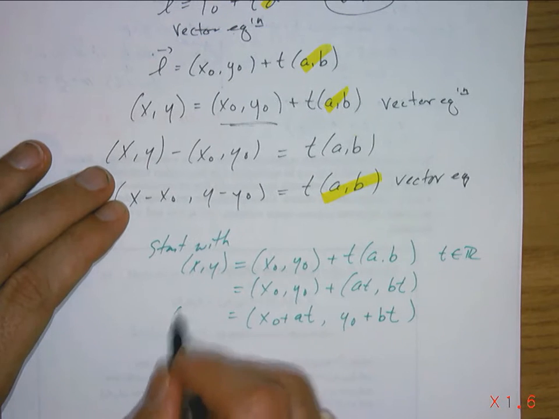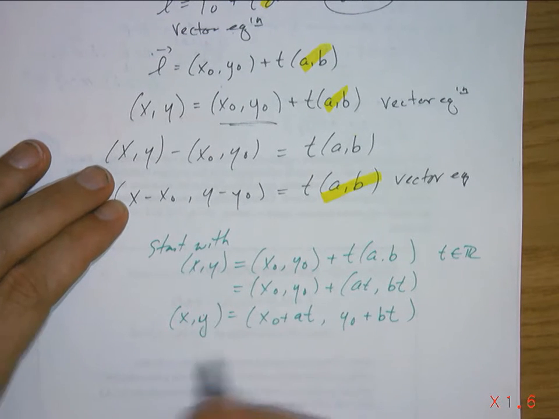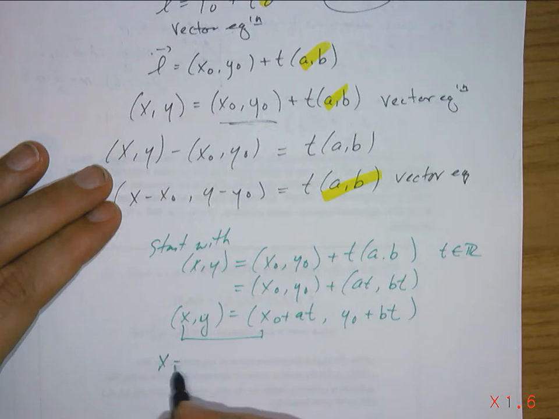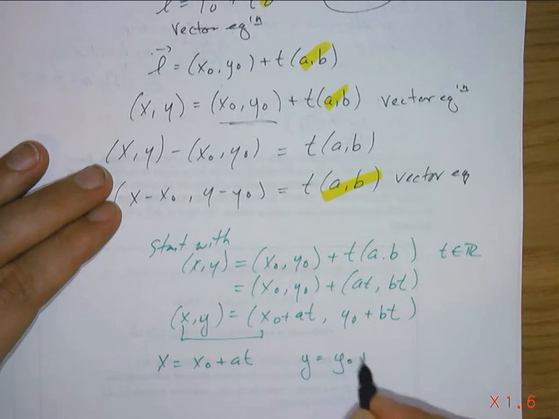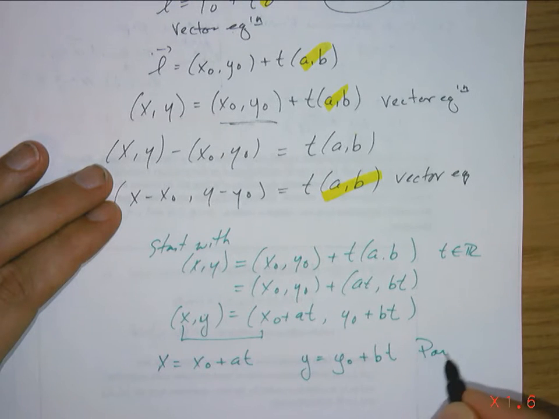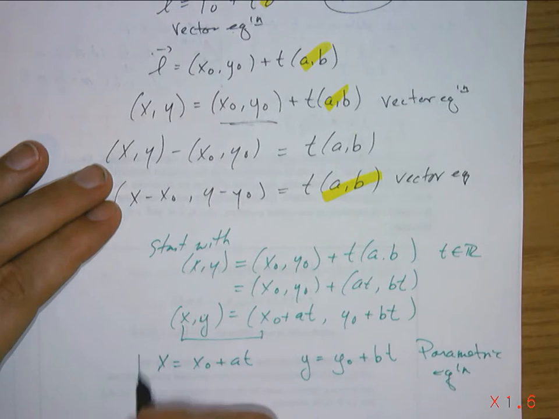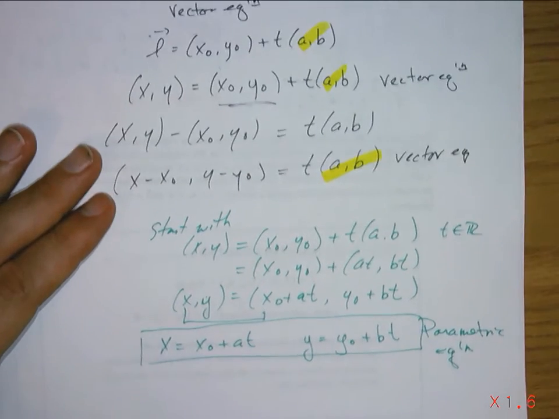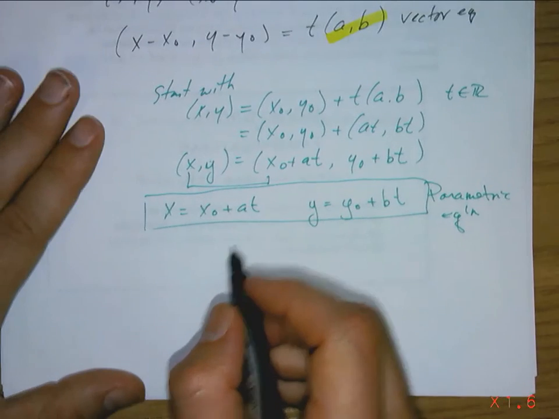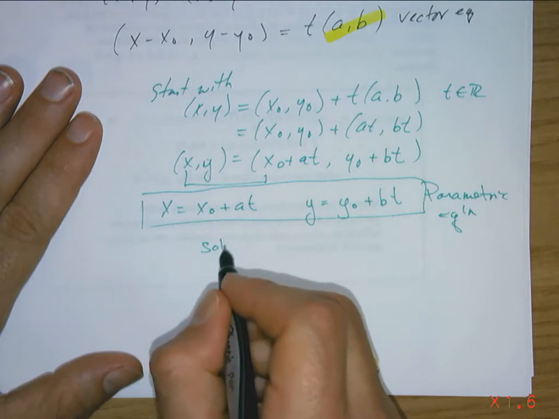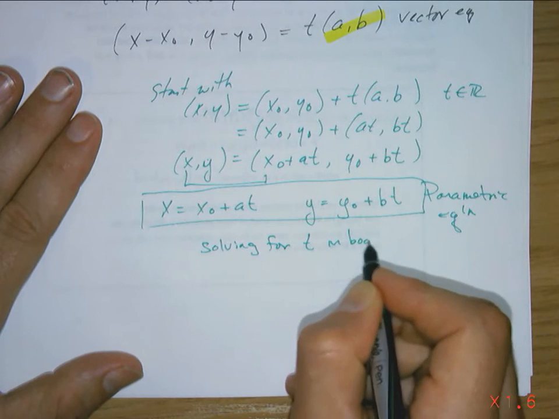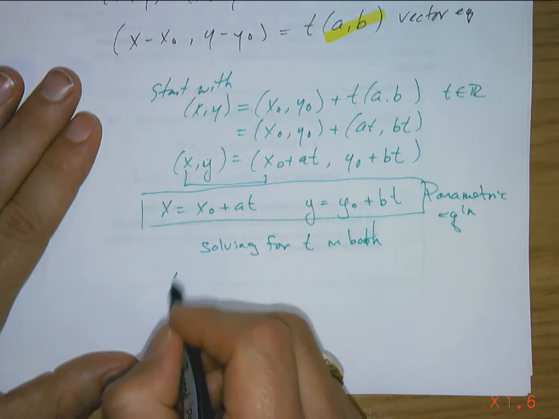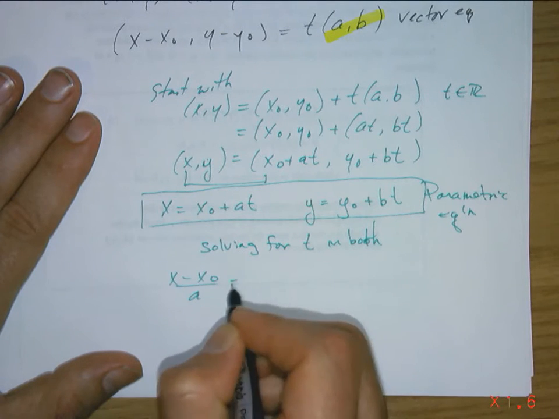And what we can do then is get our parametric equations, which are simply x equals x naught plus at and y equals y naught plus bt. Parametric. Okay. And lastly, if you solve for t in both of them, we're going to get x minus x naught over a equals t.